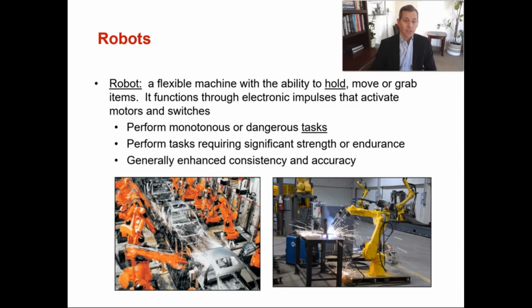And so you can see the two examples on the screen are robots. The one on the left is welding a car together. You need to get the frame and the chassis and the doors and all those things welded together, and so robots are great for that. And then there's another robot on the bottom right that's also doing some welding task.